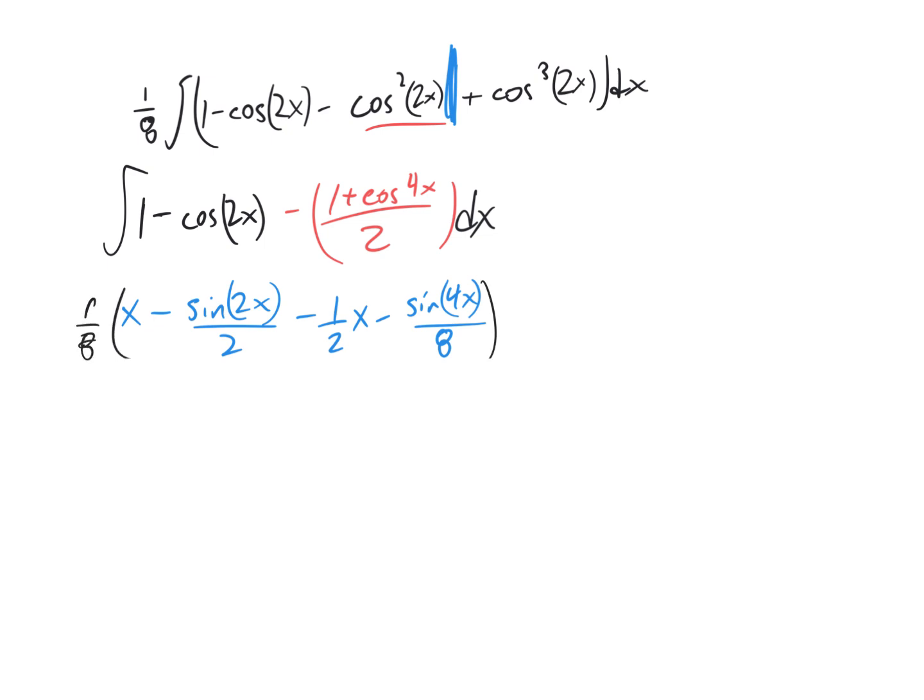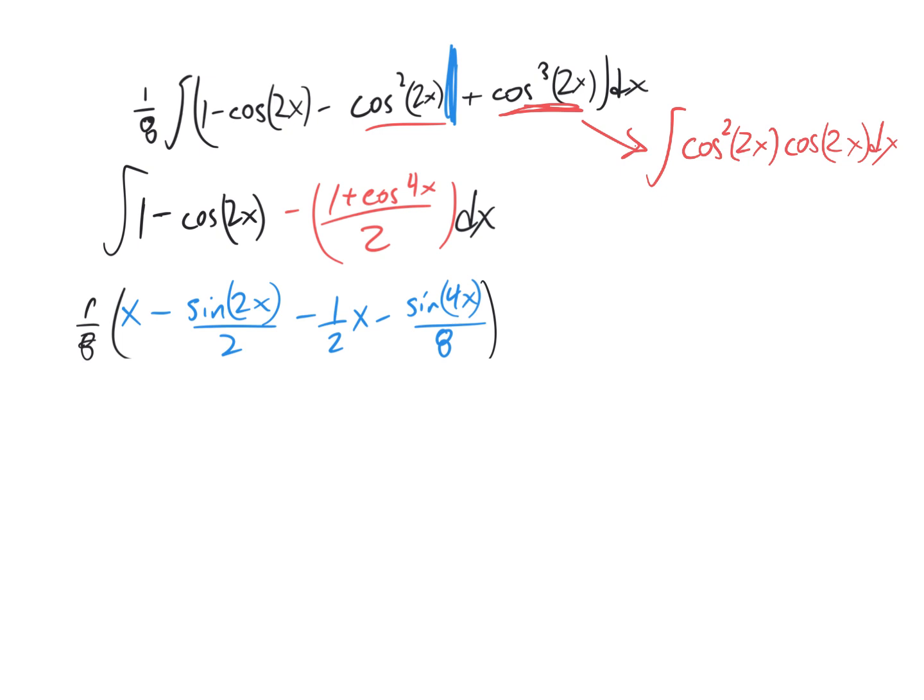Now don't be afraid of working these pieces out individually. I'm shortcutting through them in the interest of saving a little bit of space here, but this technique is the same one we used in a previous problem. Now let's look at the right-hand side, the other part, which is cosine cubed 2x. To take the integral of this, let's make it cosine squared 2x times cosine 2x.